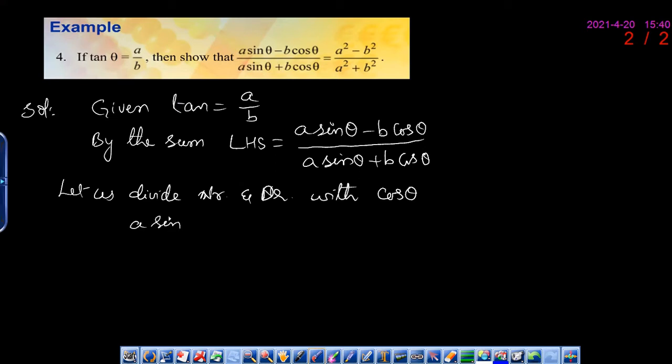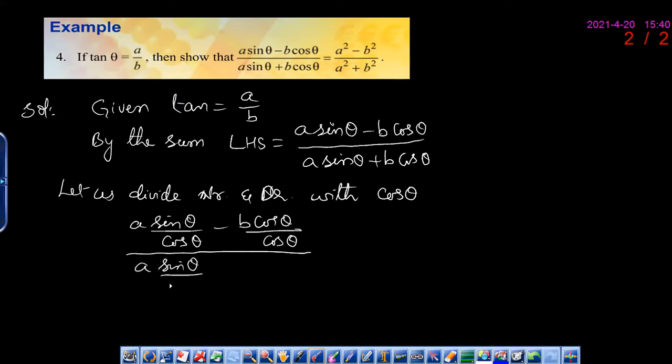A into sine theta by cos theta minus B into cos theta by cos theta divided by A into sine theta divided by cos theta plus B into cos theta divided by cos theta. So what you will get?